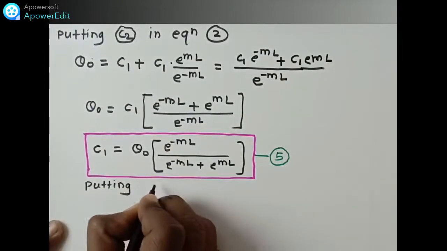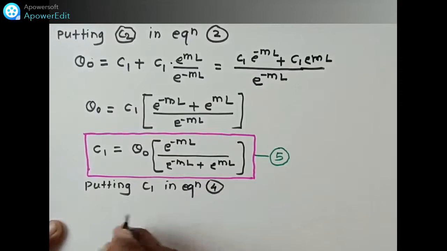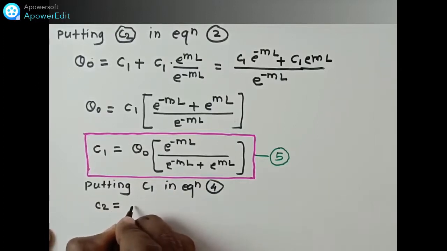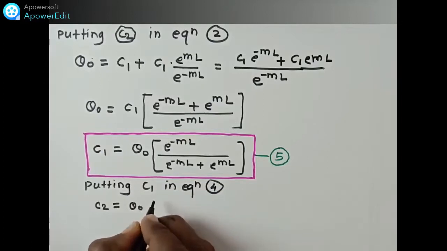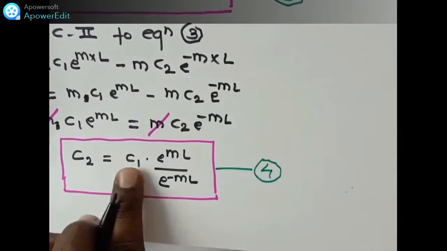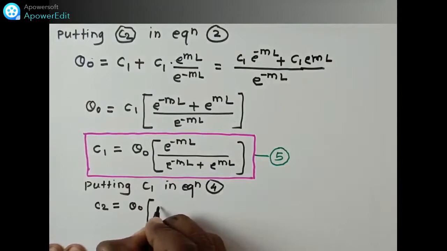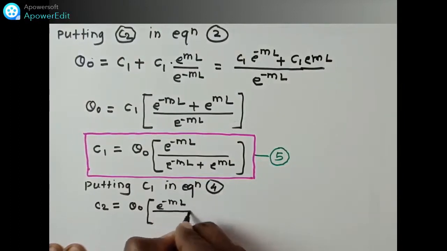Putting C1 in equation 4, we get C2 is equal to theta 0 into, for the value of C1, we first write the C1 expression, that is e raised to minus ml divided by e raised to minus ml plus e raised to ml.